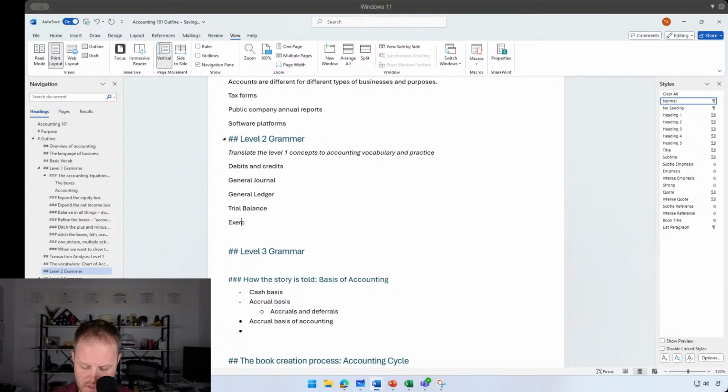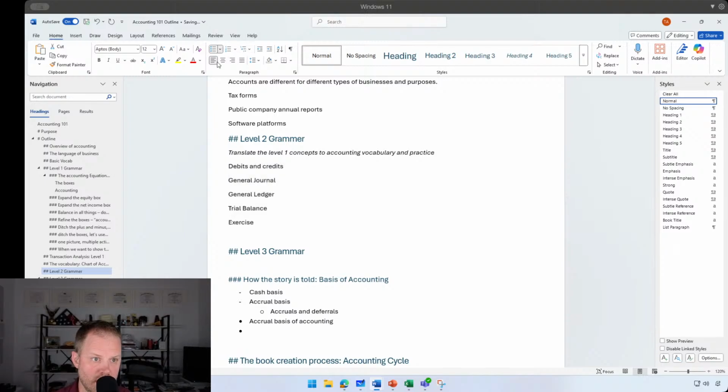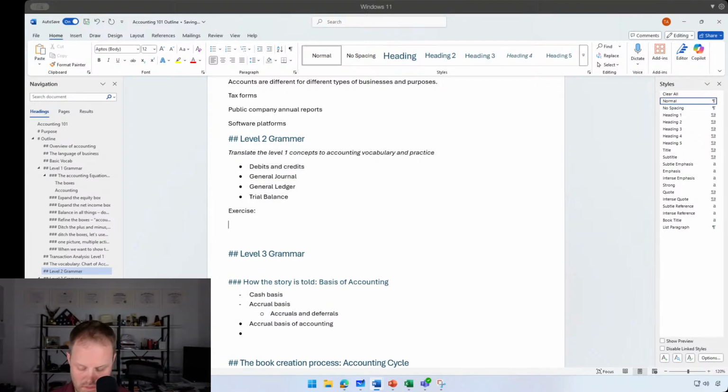So the exercise is the same stuff, new vocab.